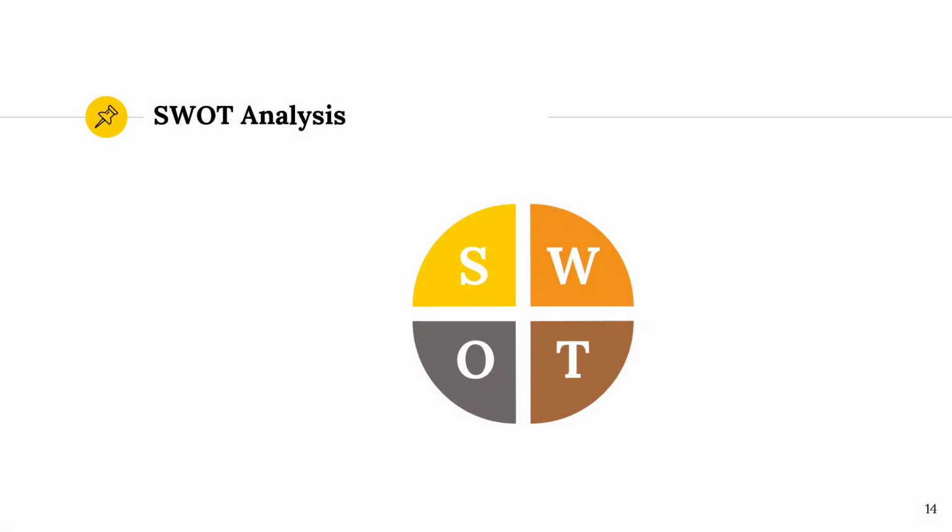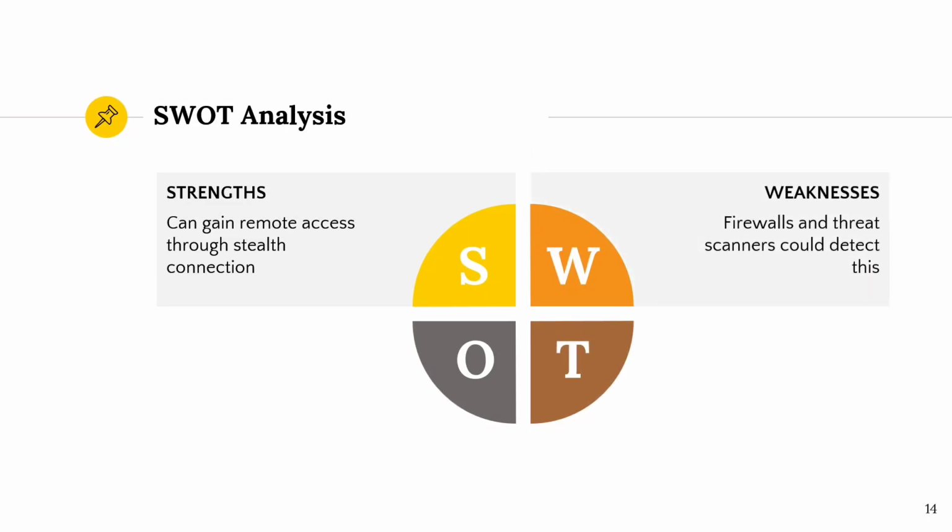And now next we have the SWOT analysis on the PHPSploit framework. So its strengths are: we can gain remote access through a stealth connection at any point of time in the future. We could connect whenever we want to the server when it is running, until the backdoor PHP file has been removed. Its weaknesses: as we have seen, a few virus scanners are detecting this backdoor file and blocking it from being executed.